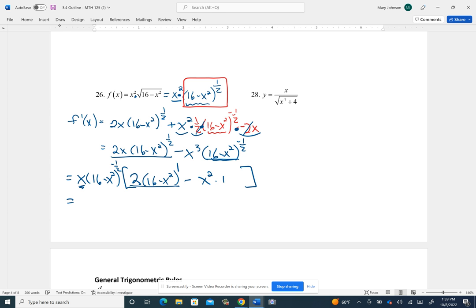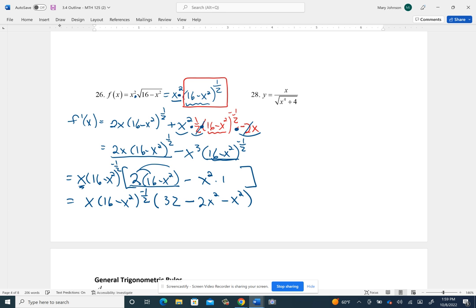Okay, so I see an x. I see a 16 minus x squared to the negative 1/2. Inside here, I could distribute. So I'd get 32 because that's just to the first power. So that's really just 16 minus x squared. So I'd get 32 minus 2x squared minus another x squared.